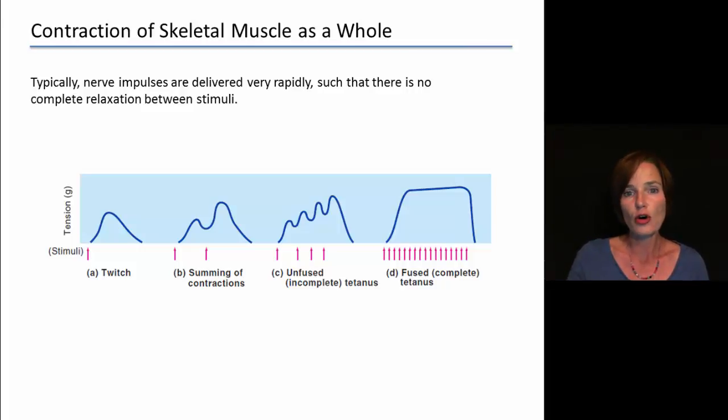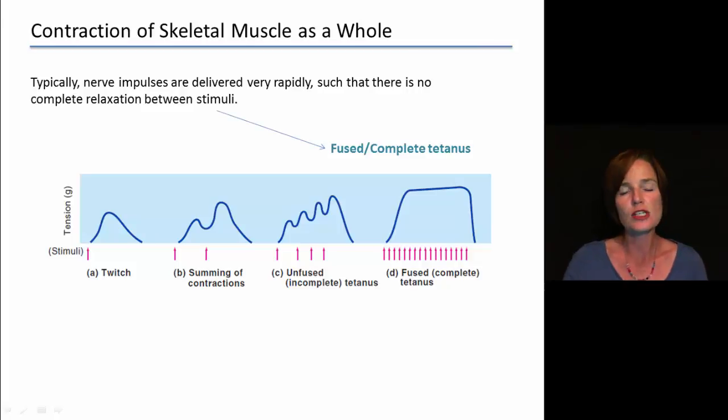If we have a whole bunch of them, that's where we get this continuous fluid muscle movement, and we call that a fused or complete tetanus. And that's what we see in this last one. You can see that there is this consistent spacing to the nerve impulses, and it's one impulse right after another. So that's the fused tetanus.